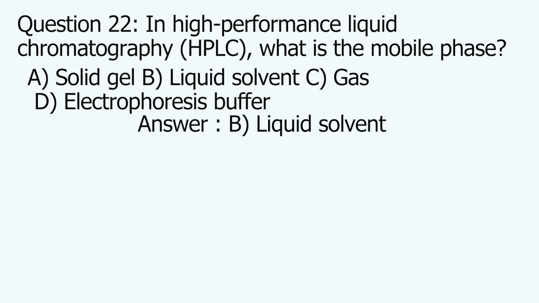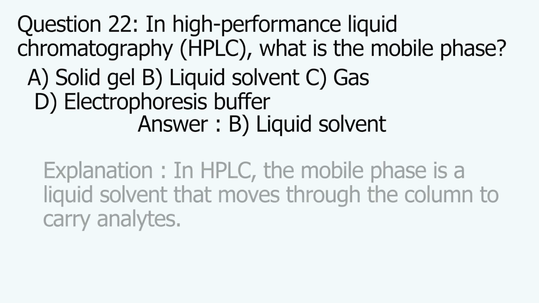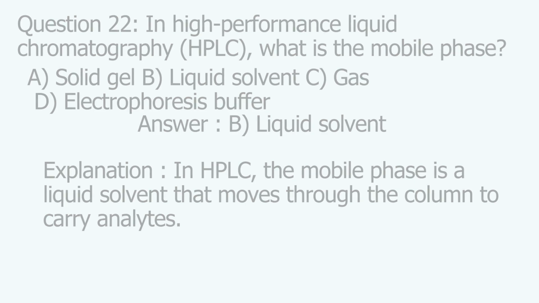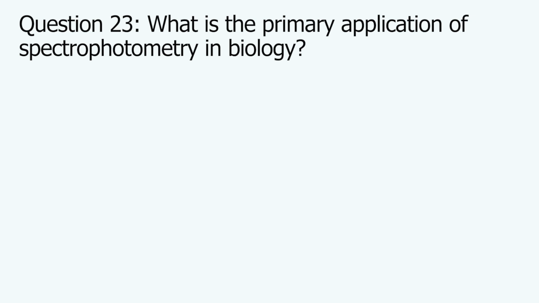B. Liquid solvent. Explanation: in HPLC, the mobile phase is a liquid solvent that moves through the column to carry analytes.